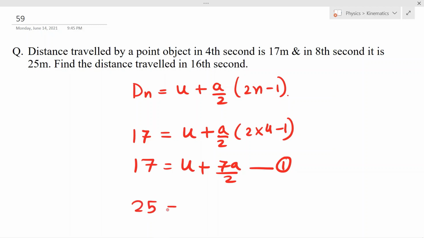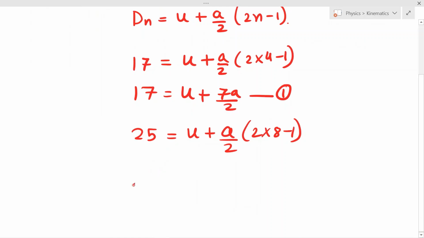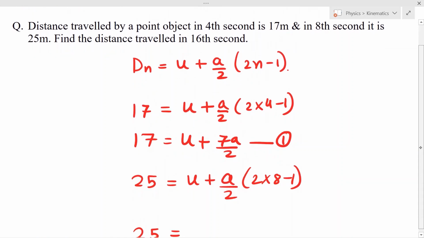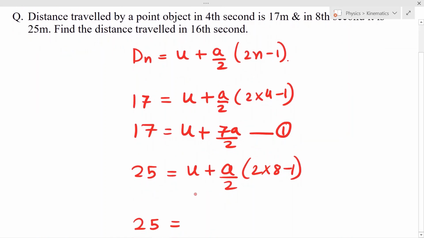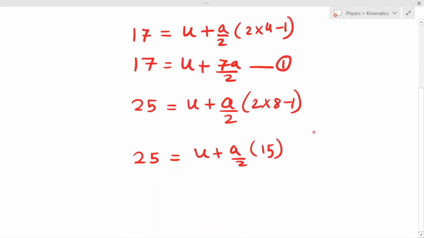So this is 25 is equal to u plus a by 2 into 2 into 8 minus 1. So this will be 25 is equal to u plus a by 2 into 15, because 8 into 2 is 16, 16 minus 1 is 15. This is my second equation.